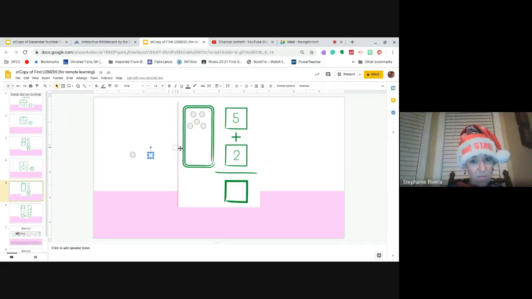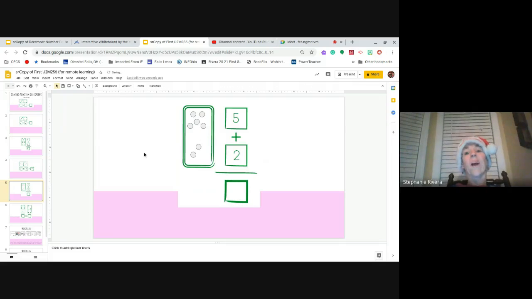And at the bottom half of our domino, what do we have? We have 2. Okay, and what are you going to do this time? I heard a lot of you say, I'm just going to count on. I'm just going to say 5, counting on 6, 7. I like that strategy. Maybe you like to do 1, 2, 3, 4, 5, 6, 7. You like to count up all the dots. That's fine. You pick your strategy.